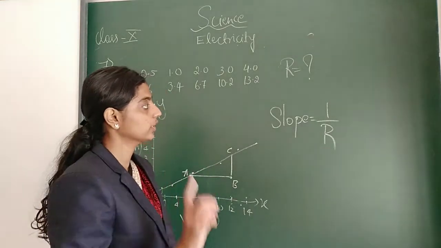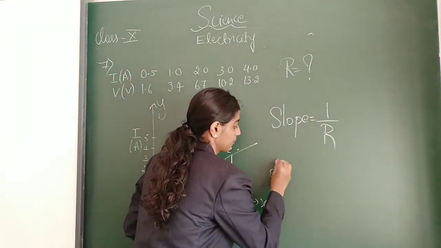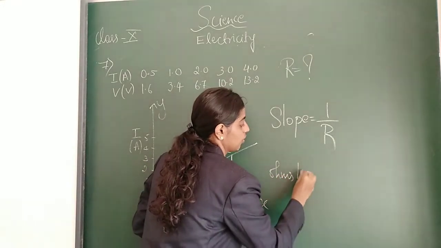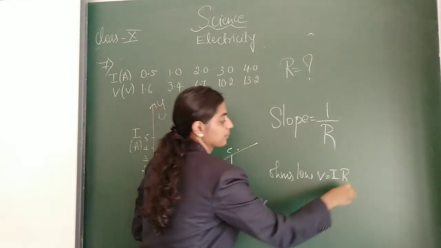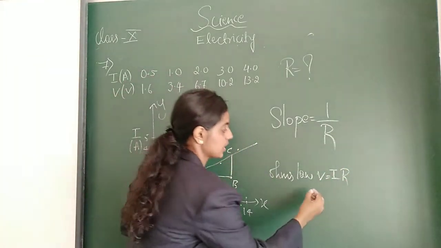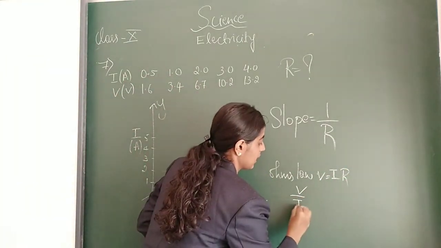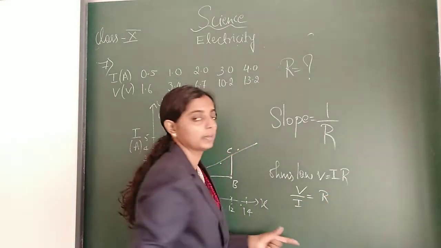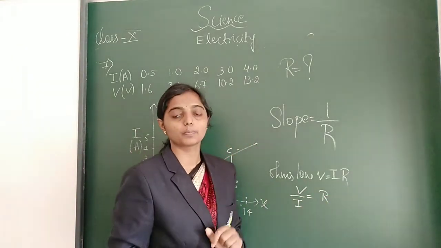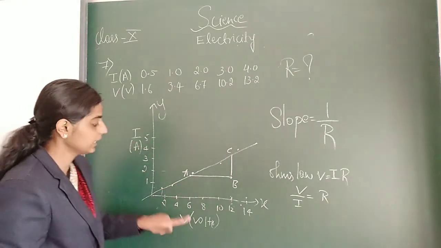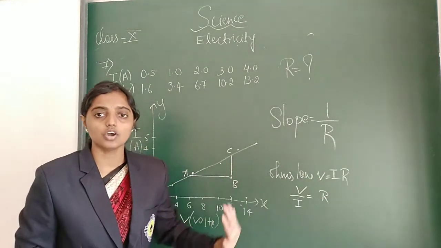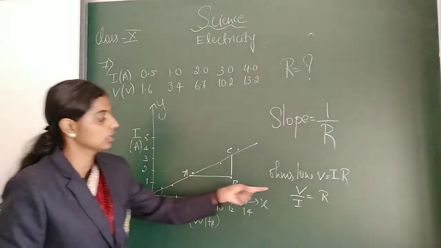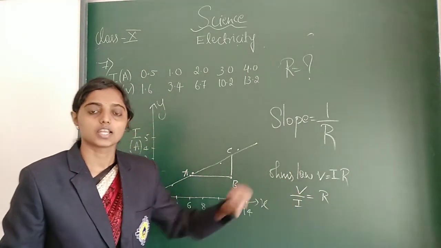See, according to Ohm's law, V is equal to IR. So take R outside, that means V by I is equal to R, and take the reciprocal of this. Why should we take the reciprocal? Because we want I in the numerator.